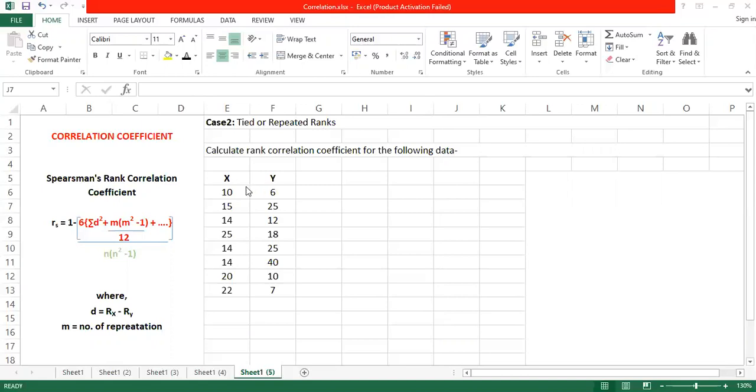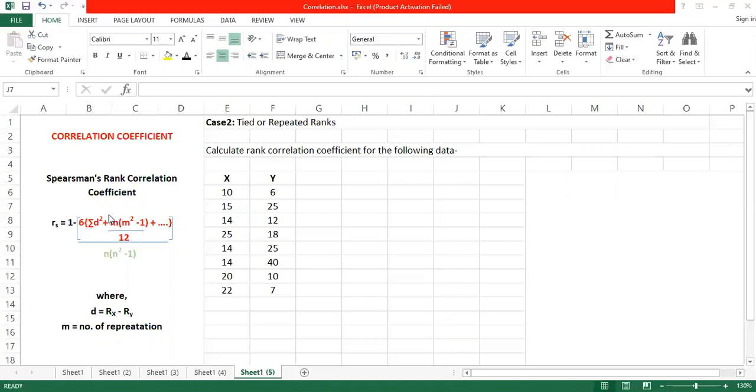Since values were not repeating, therefore ranks were not repeating either. But in our case, we'll see there are a few values which are equal. That means they should be put into the same rank, right? So in such cases, we have a little modification in our Spearman rank correlation formula.